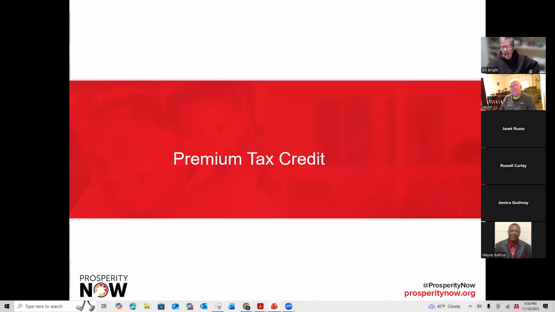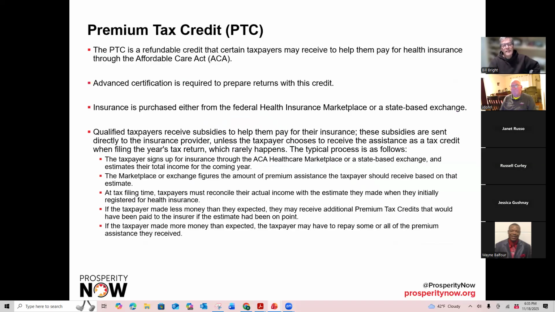The premium tax credit, I'm not going to go through all this. This is a refundable part that taxpayers may get to help them pay for health insurance through the Affordable Care Act.